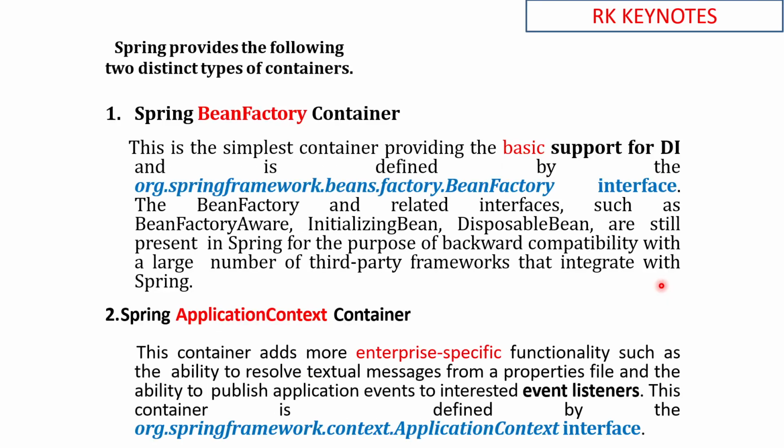So now you can see that there are two types of containers. I said bean factory and application context. So now this is the package from which bean factory comes. So it is an interface. Both are interfaces. This org.springframework package means application context and bean factory are interfaces. So the big difference between them is that bean factory is for basic support of dependency injection.